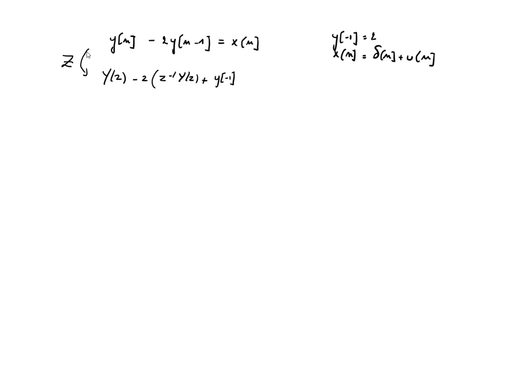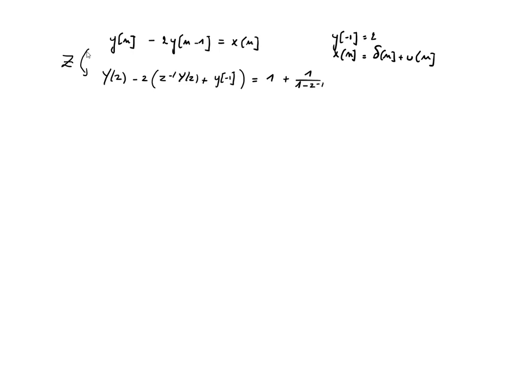It will appear at index 0, so it's z to the power 0, so 1. Plus X(z), so it's the transform of a unit impulse, that's 1, plus the transform of a step, that will be 1 over 1 minus z^-1, because we like to work with the variable z^-1.